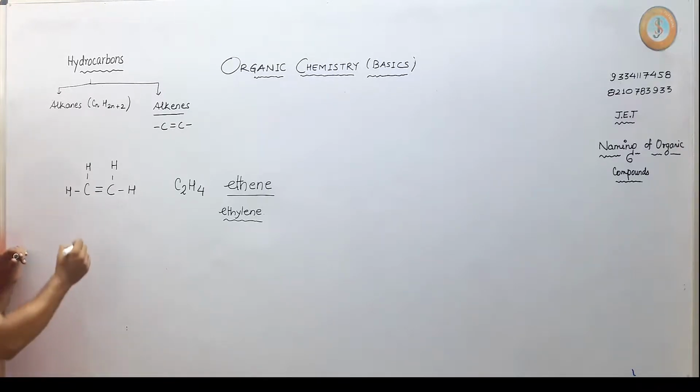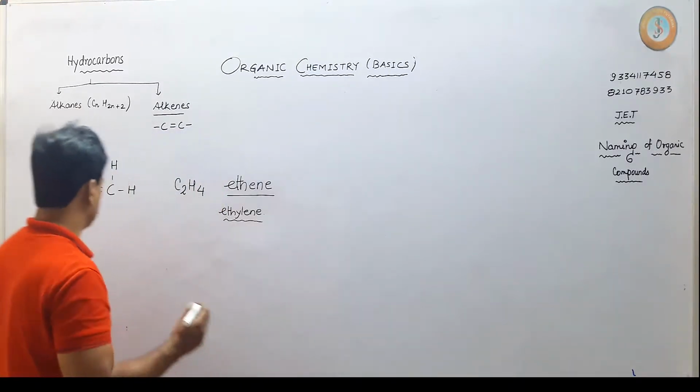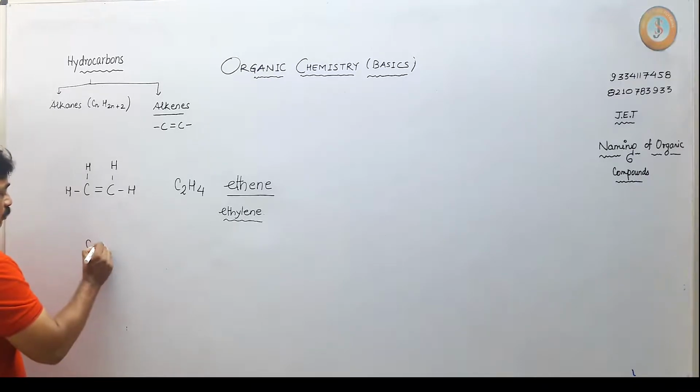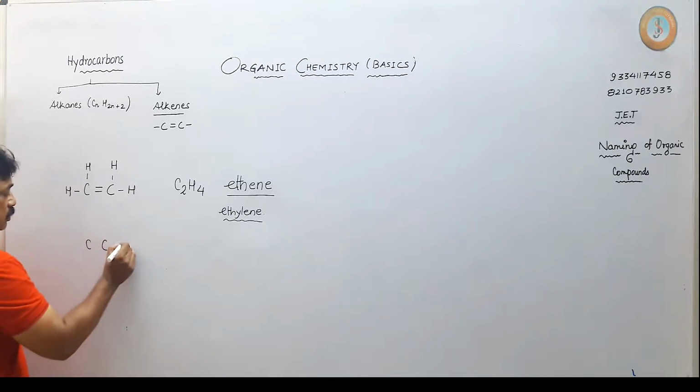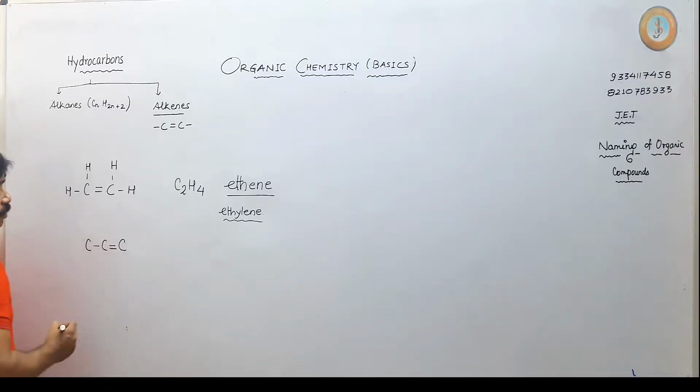Now what happens next? Can anybody tell me? You will have 3 carbon atoms in the next one. So you make 3 carbon atoms, then connect them with a first single bond. But since you are making an alkene, there will be a double bond.